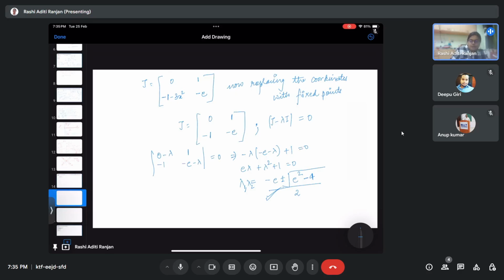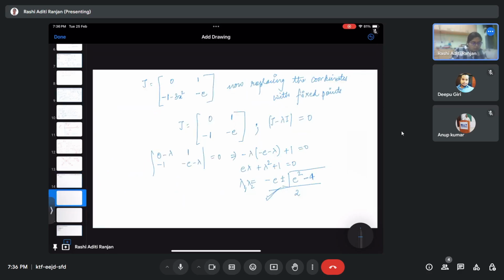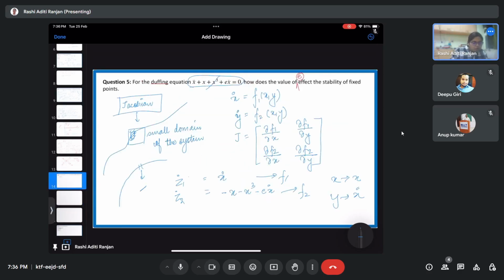But there is a very interesting thing: if x cube would not have been there, my E value would directly affect the stability of the system, right?